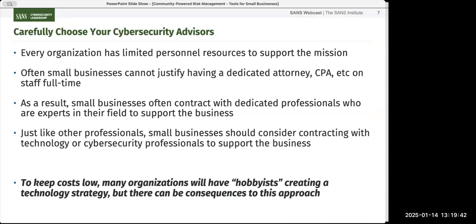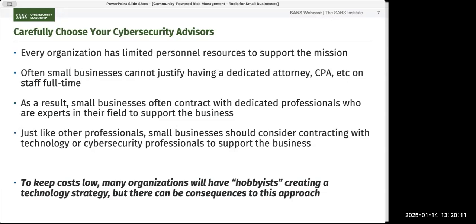So if we know that we can't have a dedicated, let's say, attorney, or a team of dedicated attorneys on staff, well, why would we expect to have a team of cybersecurity professionals? It's probably just not going to happen. And that's fine. And so what we're going to do to keep costs limited and under control, we'll often then contract with those dedicated professionals. And we're going to have experts who can be there to support us if we have a need.